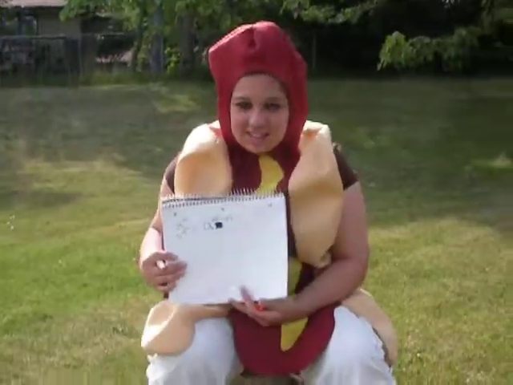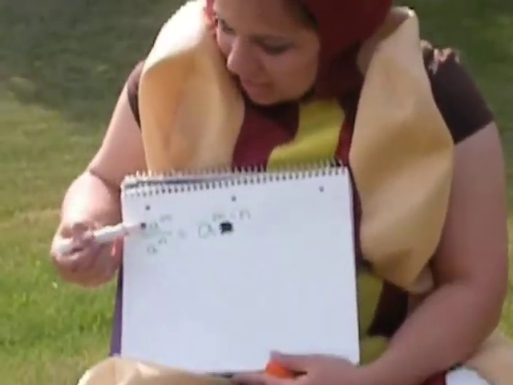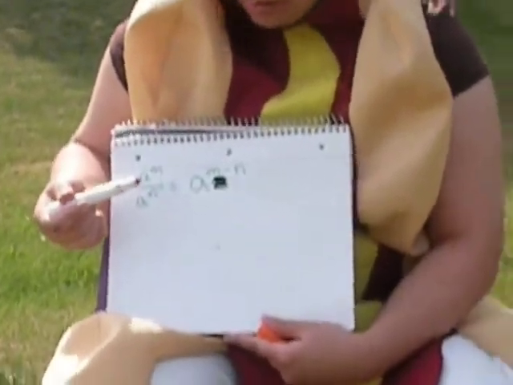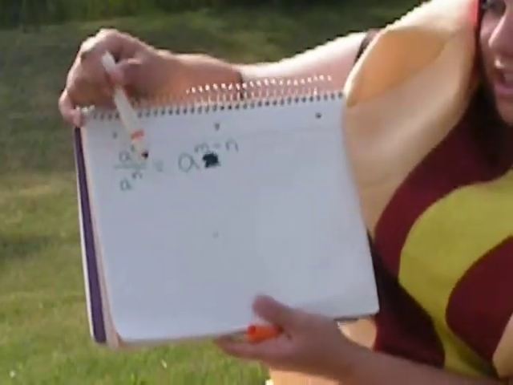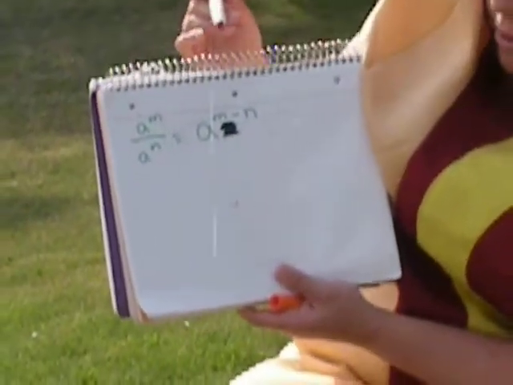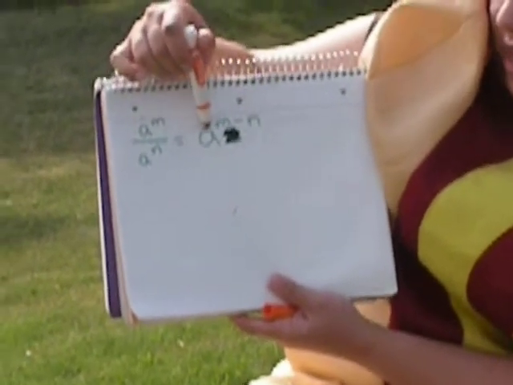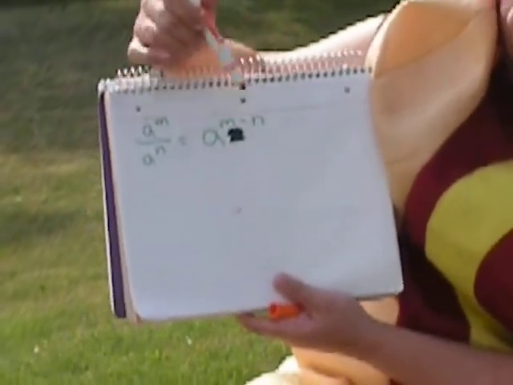Okay. The next law of exponents is a to the m over a to the n, and a, again, is the base, and n and m are the powers. And when you do this, you can translate it as a to the m minus n.